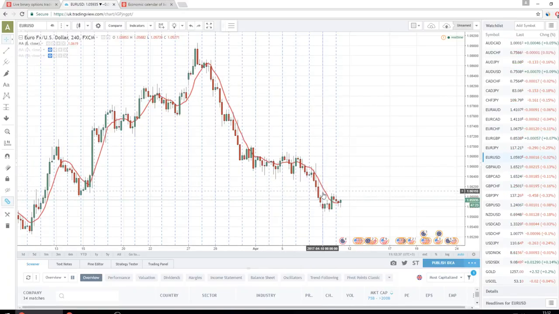What do we see here? In the current Euro-American dollar situation, we see that the trend was going down, and after that the price has crossed the moving average, has crossed the candles.